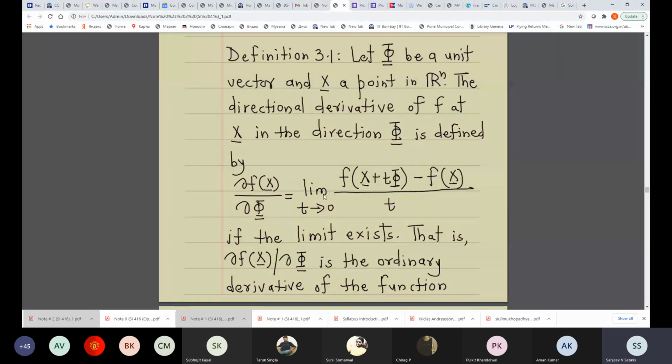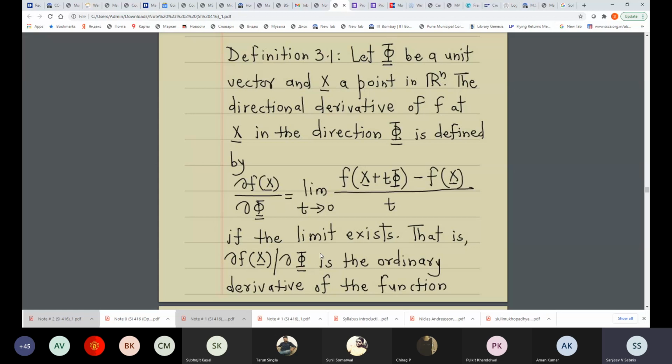Essentially, you look at the quotient f of x plus t phi minus f of x, divided by t, and you let t approach 0. Whenever the limit exists, this is referred to as the directional derivative of f with respect to the direction phi, evaluated at x.